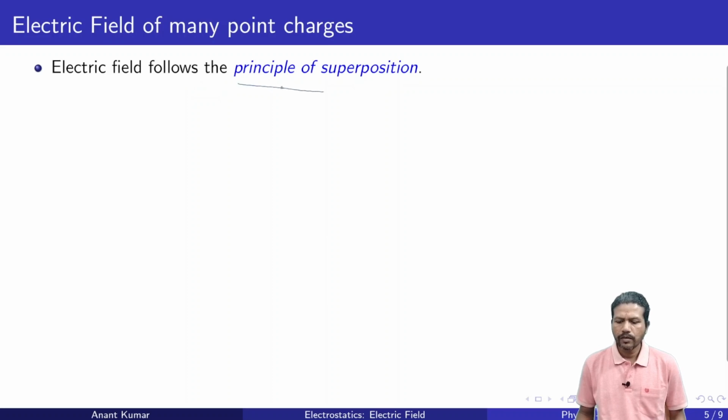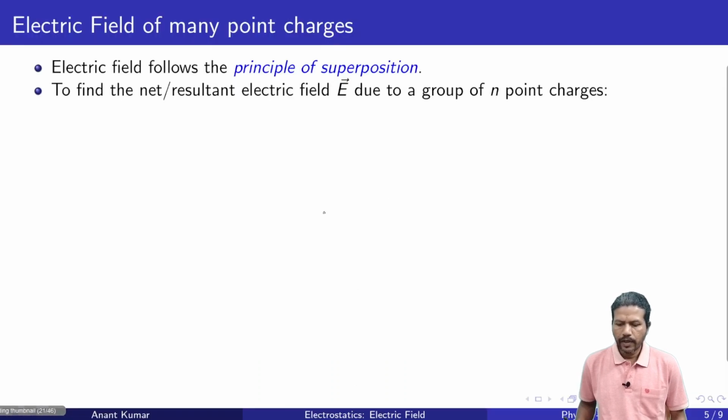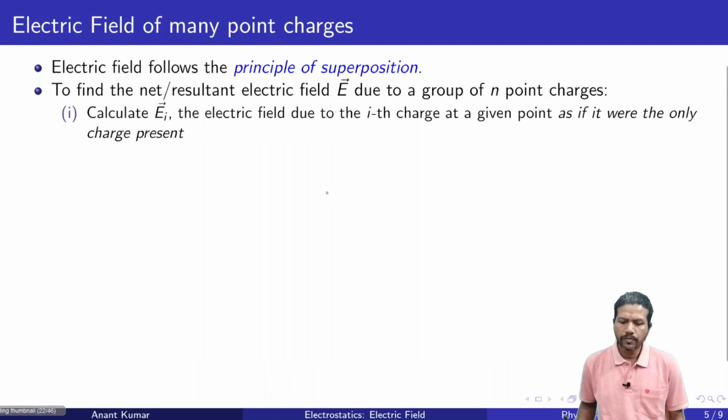If I want the net or resultant electric field due to a group of n point charges, the idea will be to first calculate Ei, the electric field of the ith point charge at the point of interest. That is the electric field due to the ith charge at a given point, as if it were the only charge present, which implies that the presence of the other charges doesn't matter. It will still be the same.